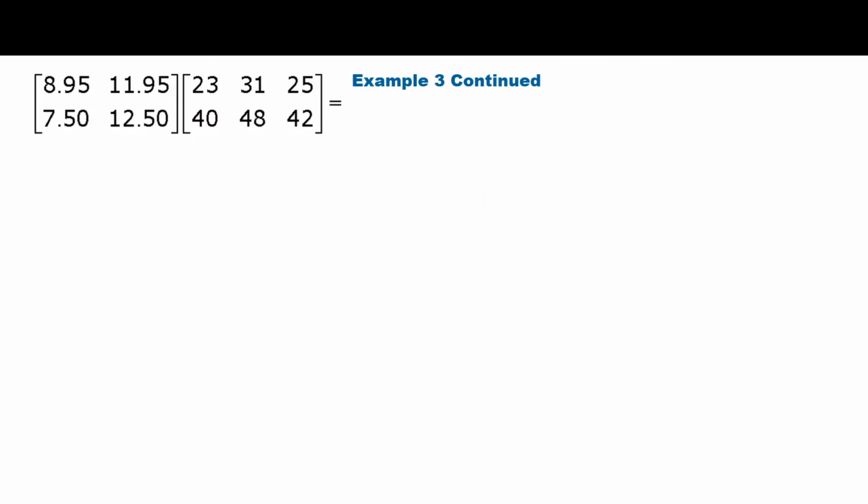Here you see I've set up the 2 matrices, and before we can multiply them out, we need to just check and make sure the dimensions work out. And so let's not forget, this matrix is a 2 by 2. This one has 2 rows and 3 columns, and we can see that the columns of the first does equal the rows of the second. So our new matrix is going to be a 2 by 3.